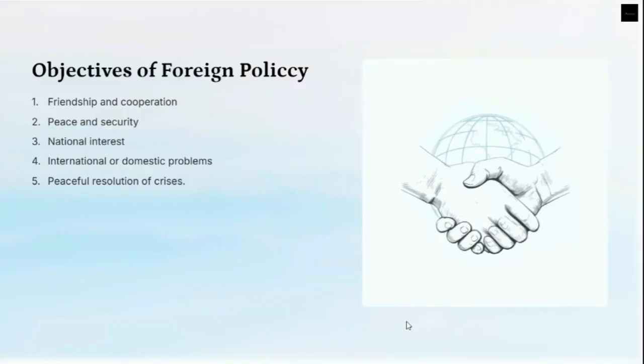They need foreign policies in order to relate, and with those relationships they can discuss the issues affecting them and solve problems. They will have peaceful resolution of crises. Their main aim is to resolve crises between states, promote peace, and promote security, and that's the objective of foreign policies.